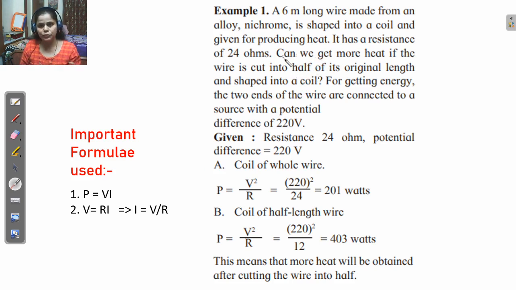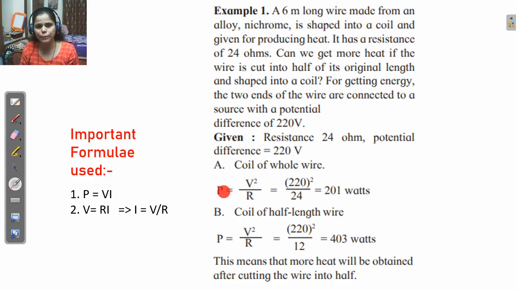If we use the whole wire, and in the second condition, if we cut it into half, find out the heat or power. So we will find the power in both cases. The first case is the coil of whole wire.